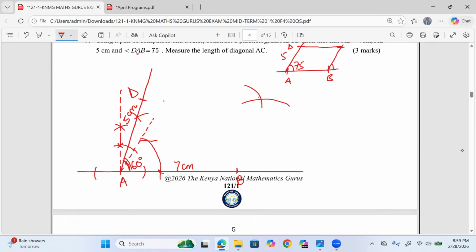Then now the arc becomes our point C. It is 7 centimeters from D. It is 5 centimeters from B. So the intersection of that arc now becomes our C. So that's point C. Can be confirmed by joining the arcs now. Yeah, like that. So we have point C identified.